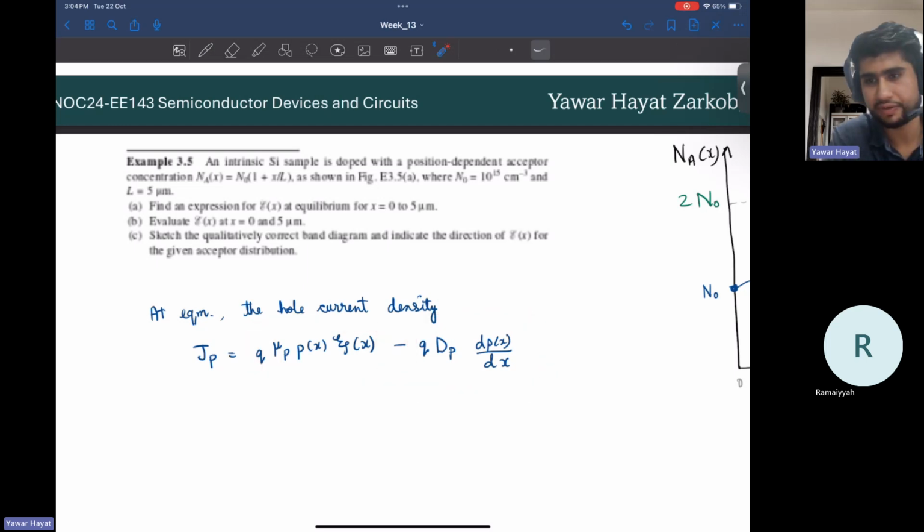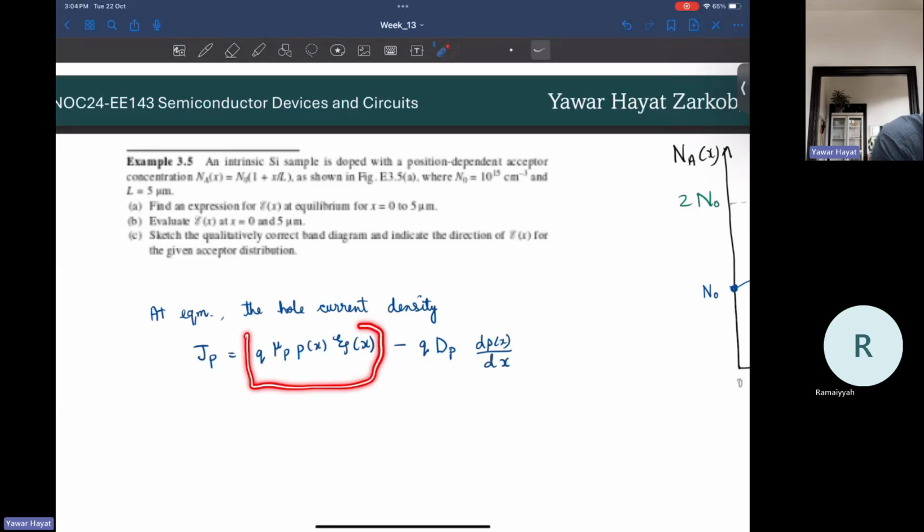Which component is drift and which is the diffusion component? Your hole current density is composed of, first, drift. Yeah, this one is drift. And the second one is your diffusion component. Okay, so now this is at equilibrium, and at equilibrium this is equal to 0.